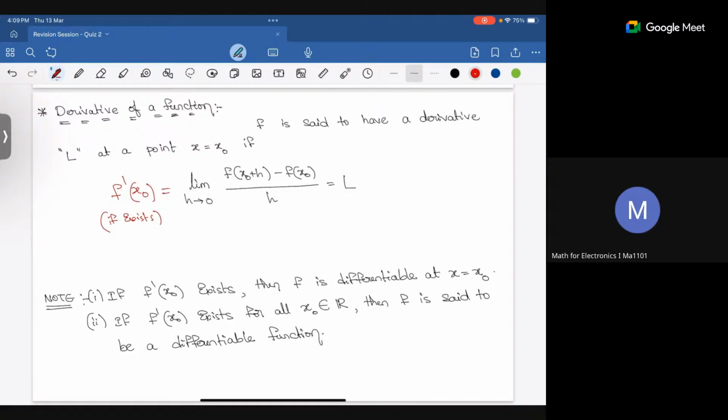And if f prime of x naught exists for all x naught in the domain, then f is said to be a differentiable function. That is the definition of a differentiable function. So when do I call a function differentiable? Only when the derivative exists at every point.